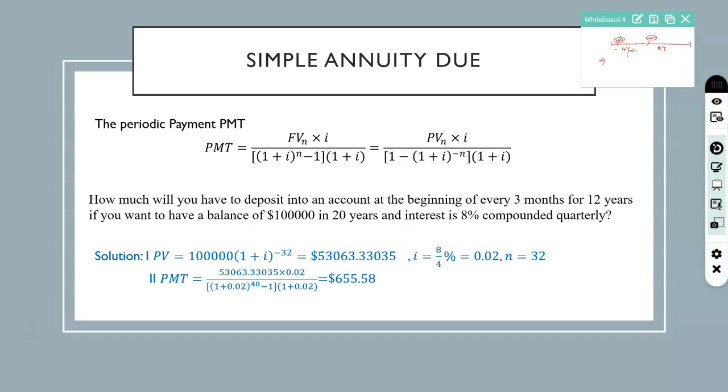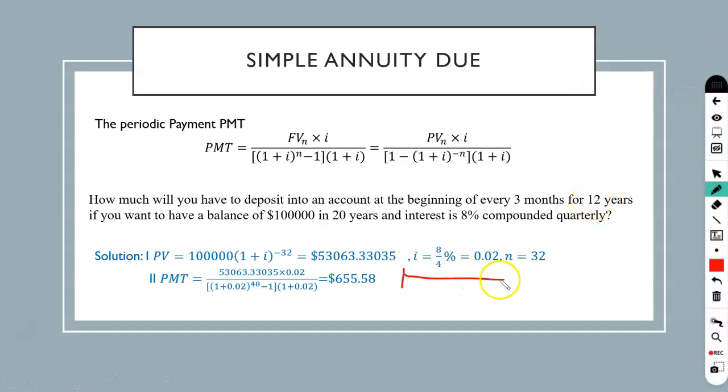So let's see what it is saying. How much will you have to deposit into an account at the beginning of every 3 months for 12 years if you want to have a balance of $100,000 in 20 years and interest is 8% compounded quarterly? So you want a balance at the end of 20 years, but you are depositing for 12 years only.